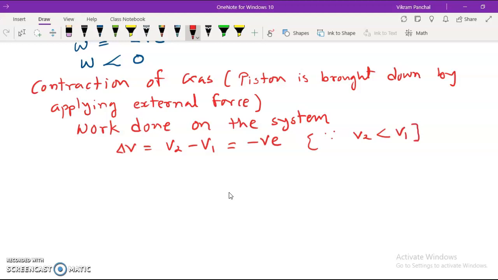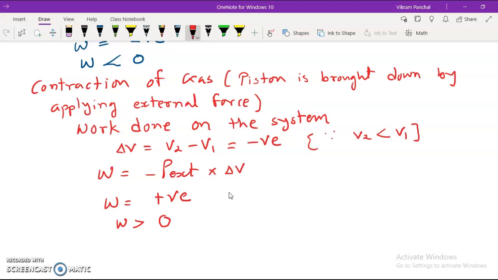According to the formula, W is equal to minus P external into delta V. As delta V is negative, negative becomes positive. So here W will be positive, W is greater than 0. When work is done on the system, W is positive. Work done by the system, W is negative.